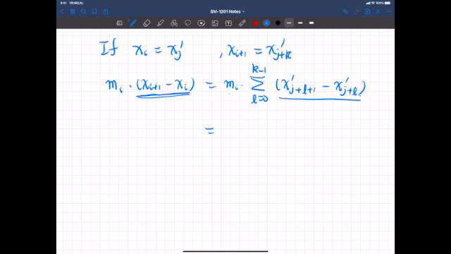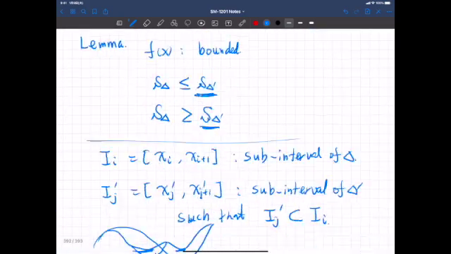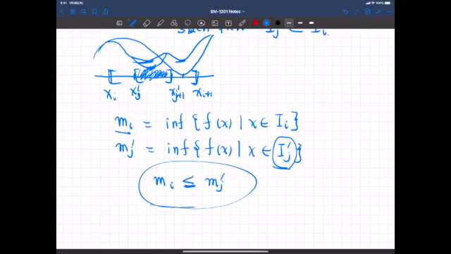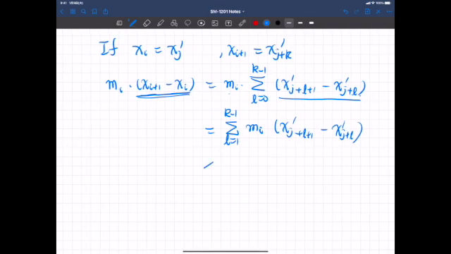So we put this mi inside the summation, xj plus L plus 1 prime minus xj plus L prime. And using this inequality, we have this inequality, with m j plus l prime.